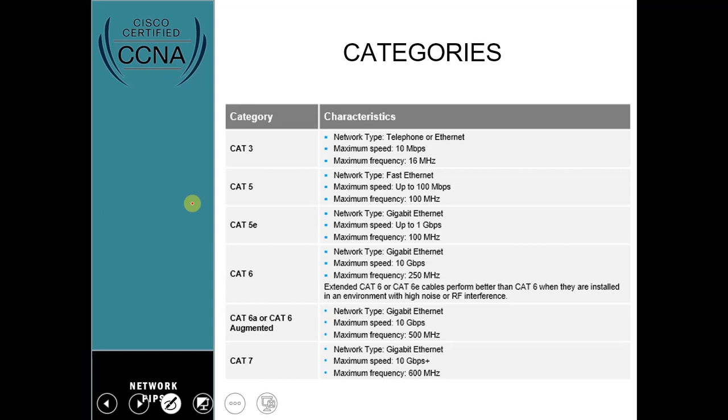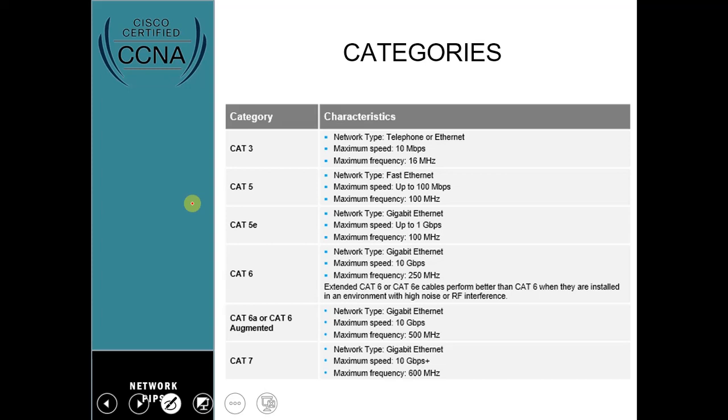You also have your Cat5. Your Cat5 network type is usually fast Ethernet. It has a speed of 100 Mbps and a maximum frequency of 100 megahertz as well.